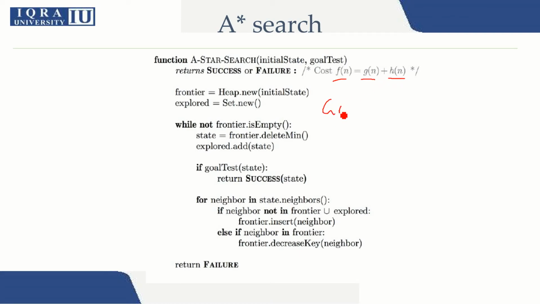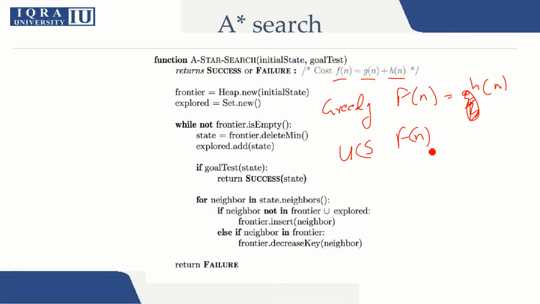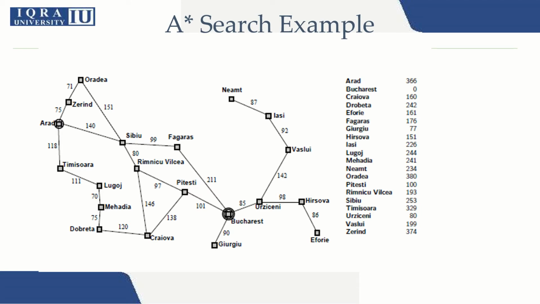And remember कि for greedy, f(n) was only equivalent to h(n), and for UCS f(n) was always equivalent to g(n). ठीक है, तो अगेन बट फॉर A* search, f(n) is always equivalent to g(n) plus h(n). This is the main difference between the implementation of A* search, greedy search, and UCS.